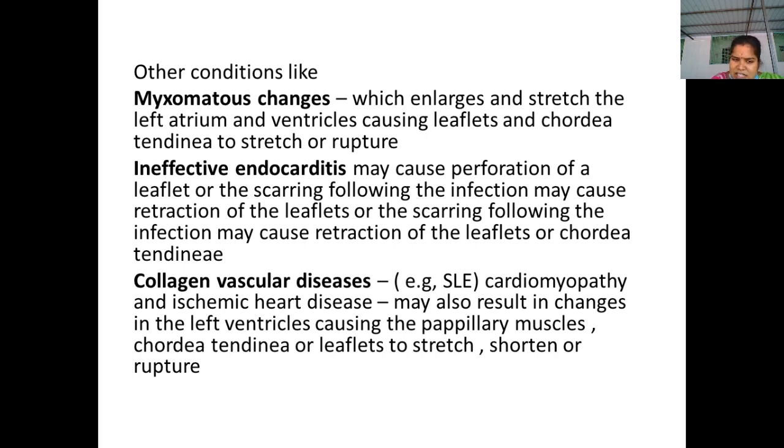These changes affect the papillary muscles and chordae tendineae, causing the leaflets or chordae tendineae to stretch, become shortened, or rupture. Overall, the causes are stretching, enlarging, or shortening. Because of these, the valve cannot close properly, and the blood will flow backward.